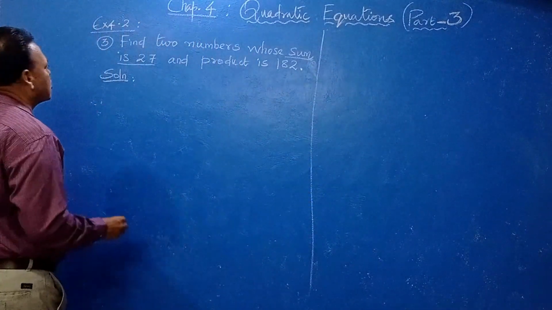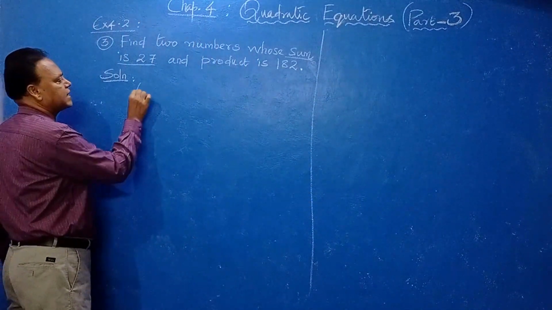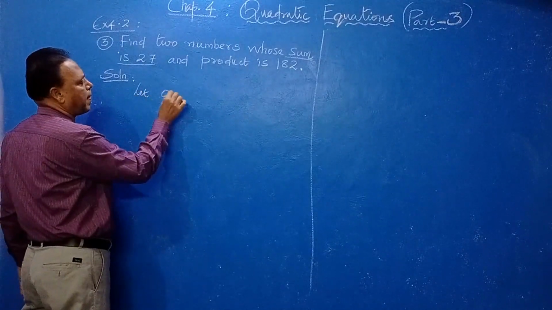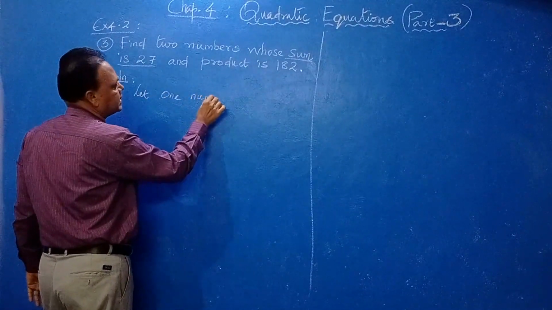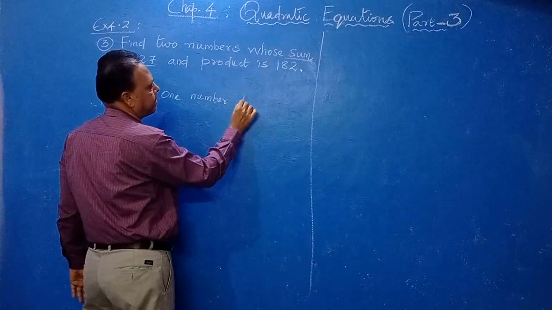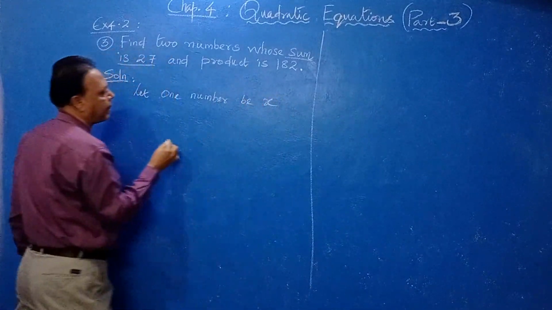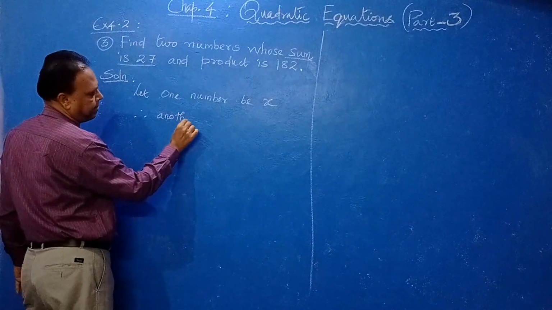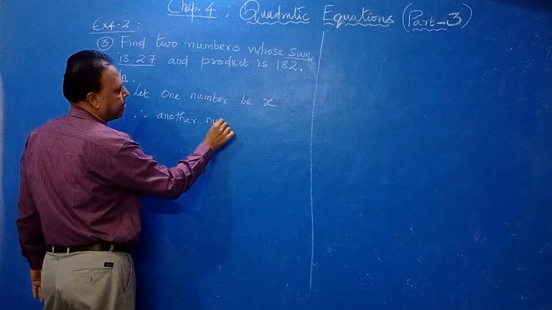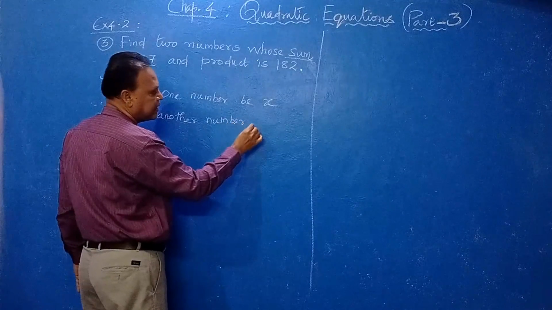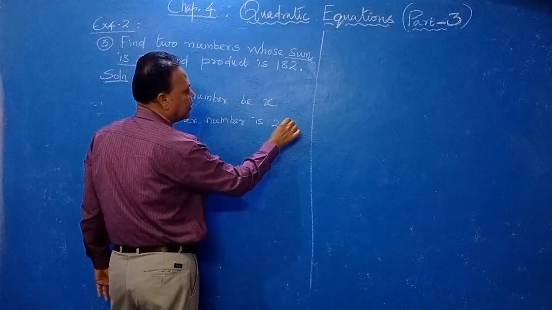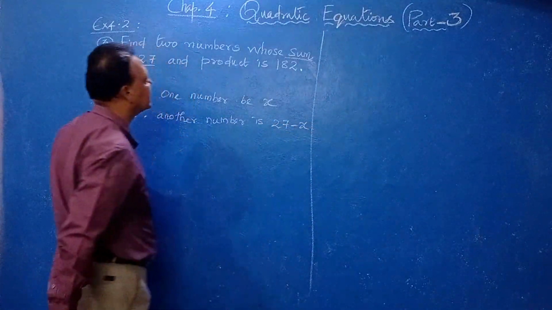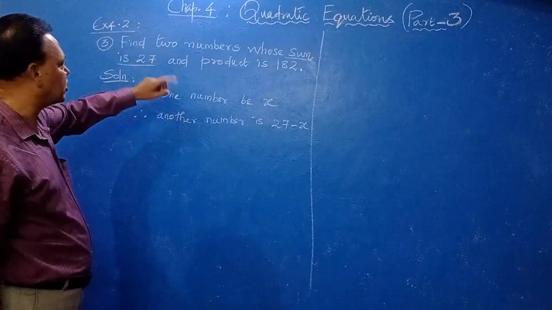So now see, let one number be x. Therefore, another number is 27 minus x, because the sum 27 is given.